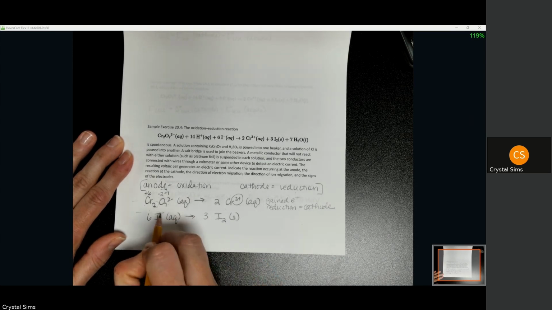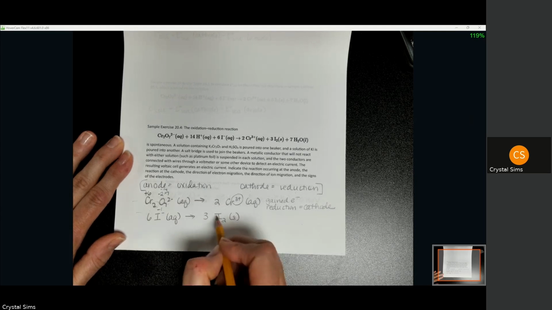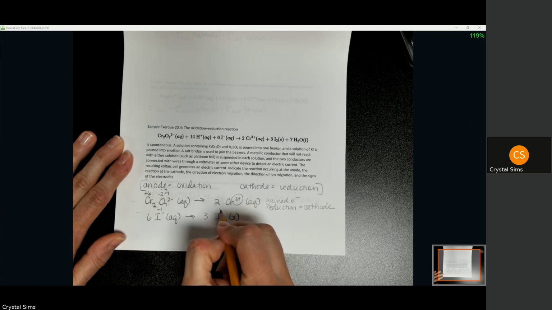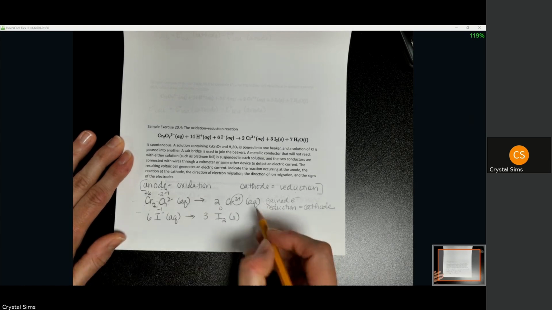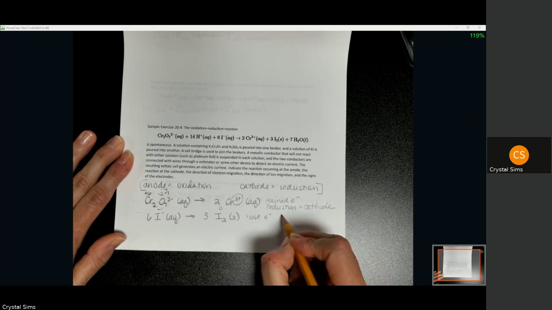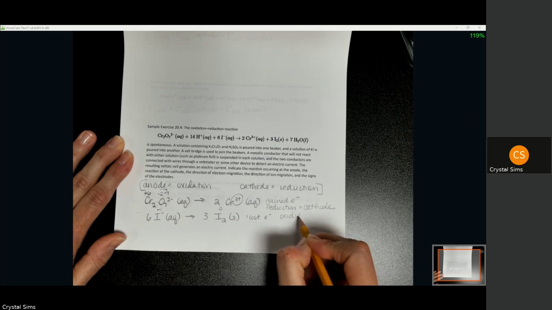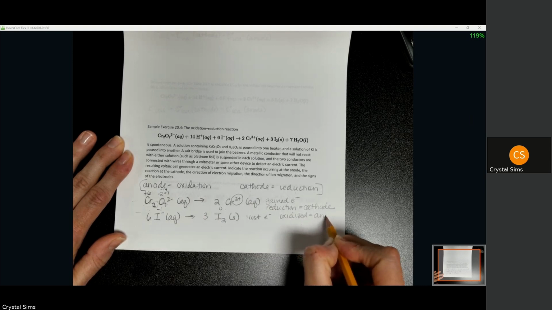So we know that this iodide has a charge of -1, and this is essentially elemental iodine here, and all elemental atoms carry an oxidation number of 0. So the iodine has lost electrons. So then that means it is oxidized. So it is our anode.